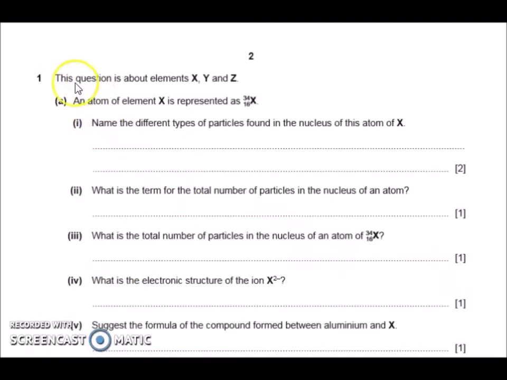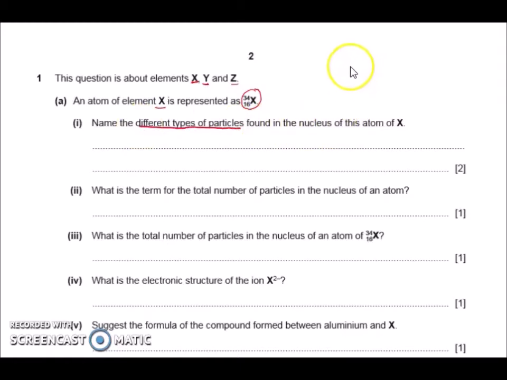This is question 1. This question is about elements X, Y and Z. An atom of element X is presented as 34 and 16. This is X. So what are the different types of particles found in the nucleus?